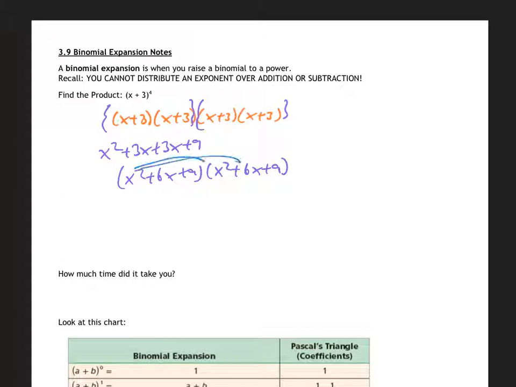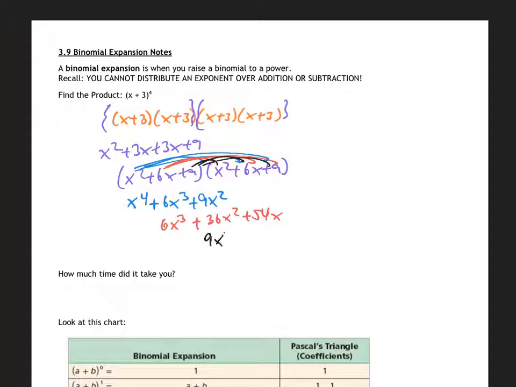Now, from here, I need to simplify or distribute this. So I'm going to multiply this by all of them. So x to the 4th plus 6x to the 3rd plus 9x squared. Let's do the second one. 6x to the 3rd plus 36x squared plus 54x. Let's do the last one, the 9.